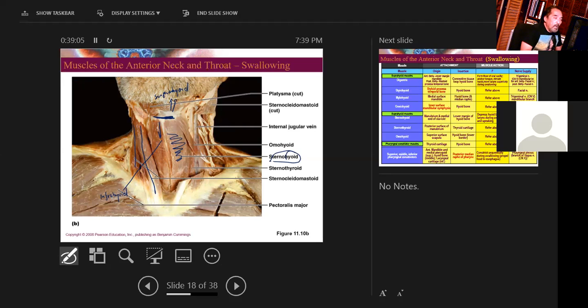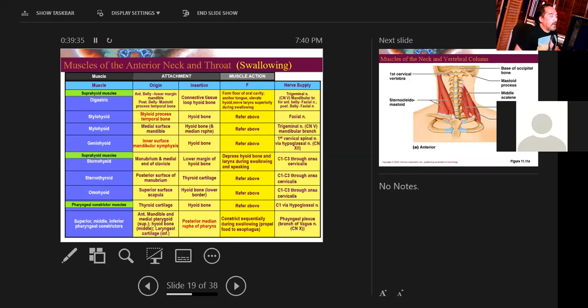And then the one that goes to the lateral side and connects with the area at the scapula, okay, that's why we call it omohyoid. And remember, those are the muscles that pull that hyoid bone down in order for the food to be able to be grabbed by the pharyngeal muscles. Okay. All right. So let's move on to the next one.